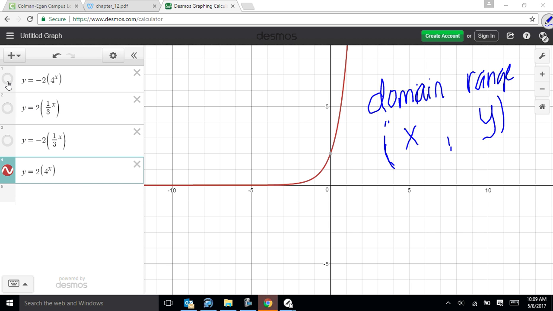What are all the x values that can go into our equation? There's no x value that won't work because we're never going to have anything undefined or imaginary. So our domain would be from negative infinity to positive infinity. What about our range? Our range is looking at our y-axis. So it's 0 to positive infinity.